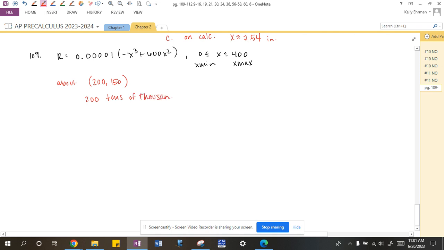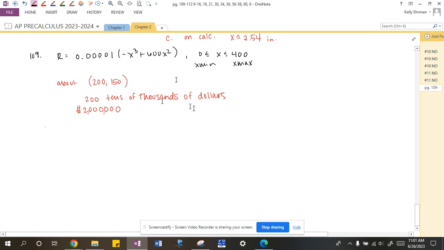So you could multiply 200 by 10,000 dollars, or just write 200 tens of thousands. 200 times 10,000, so put 4 more zeros on that: $2 million is what we're looking at for their advertising expense for that point of diminishing returns.